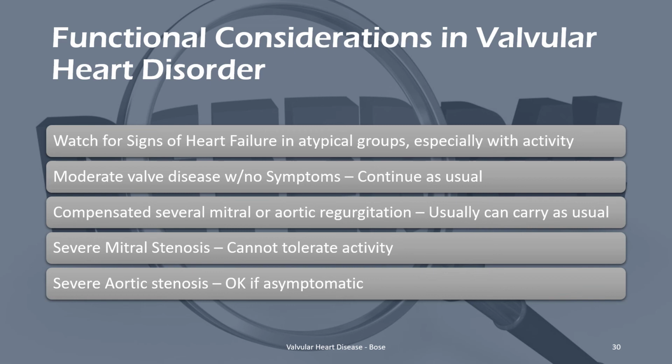Patients with severe aortic stenosis may be able to continue some activity if they remain asymptomatic. So, the big takeaway here is that functional activity decisions are based on patient's disease and symptom severity. Advancing disease is not commensurate with cardiac rehabilitation unless surgical options are available.